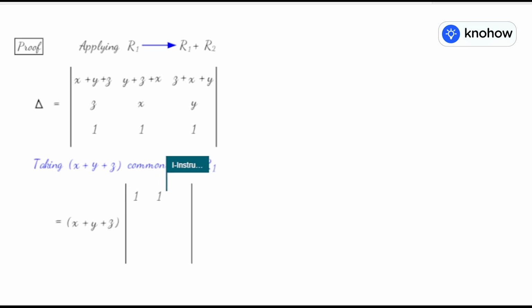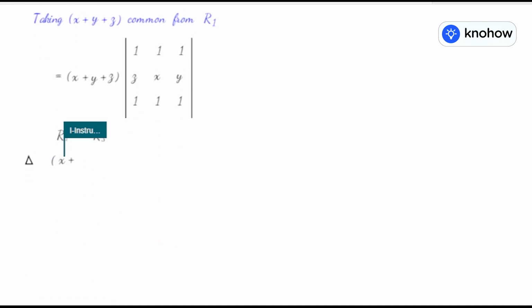The elements of the second row will remain the same, z, x, y, and in the third row 1, 1, 1. Just by applying this property and taking common, what do you find? That here R1 and R3 are identical, and hence the value of the determinant will be 0. So your determinant will become x plus y plus z into 0, or 0, and that's what we have to prove.